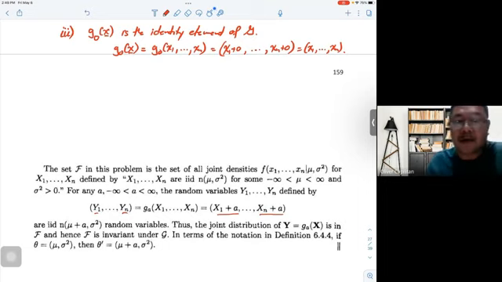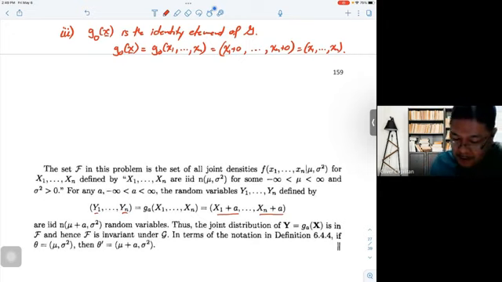We'll have also an IID, normally distributed with mean. So ang mean niya ngayon is mu plus a, and the variance is sigma square. We know that the variance is given sigma square. So yung mean niya is mu plus a.